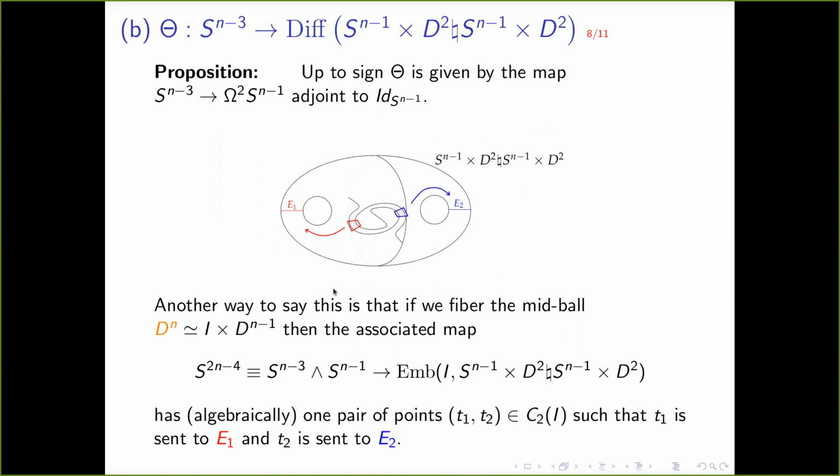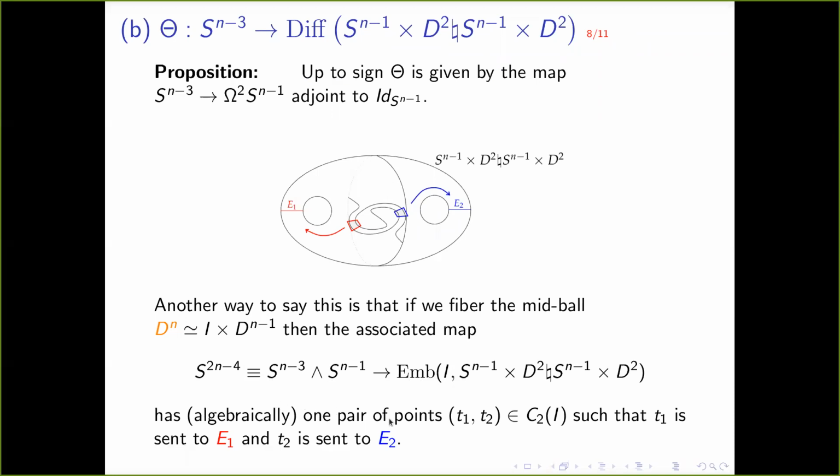So in more detail, that mid-ball, the D^n, we split it into an interval across a D^{n-1}, so that this 2n minus 4 parameter family of embeddings, we get it from the spherical family of embeddings of the disk, and then there's a D^{n-1} coming from the fibering of the mid-ball, and so that gives you a map out of the smash product of these two spheres to this embedding space.